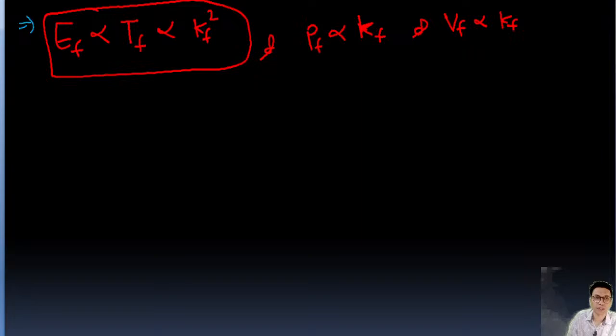Okay, Fermi wave vector. Here I'm going to make a table which is very important. You need to learn it and memorize it, guys, because this is going to help you in your examination.